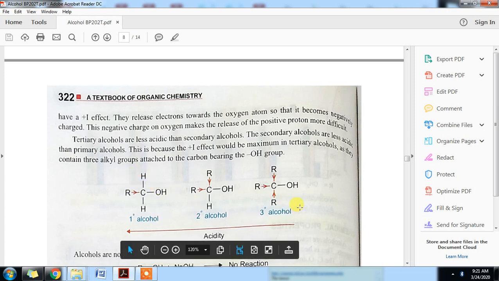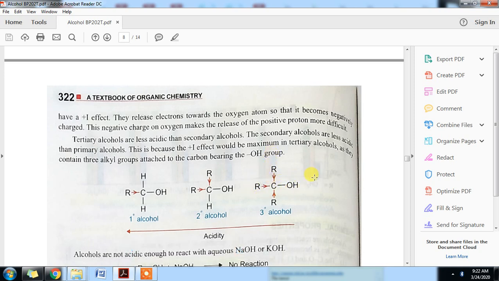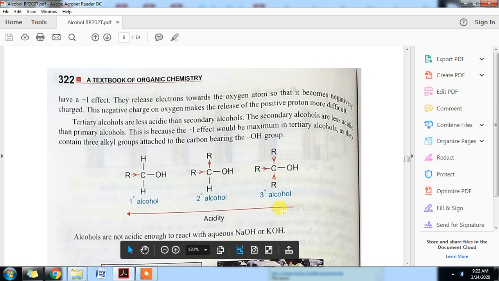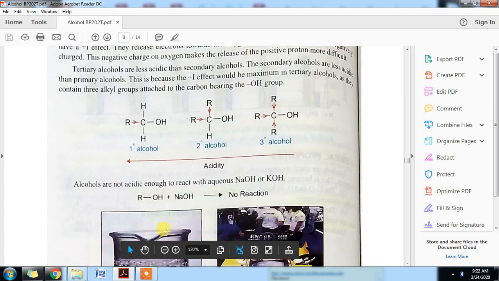If you put some minus I group here, it can give out H plus much faster, so the reaction would be much faster. You have to remember that primary alcohol is more prone to sodium salt formation compared to tertiary alcohol. And see here, alcohols are not acidic enough to react with aqueous NaOH and KOH.